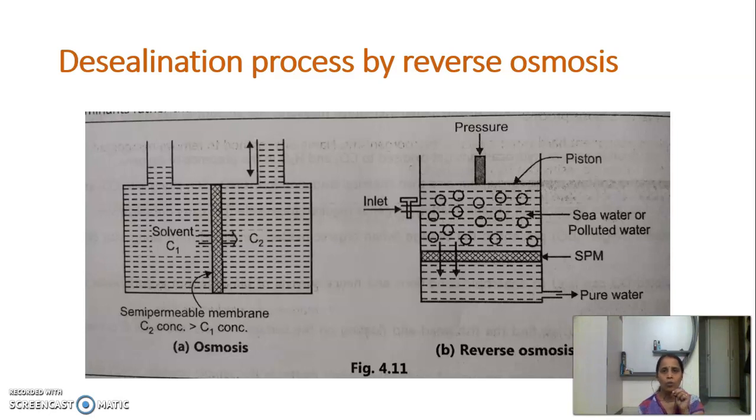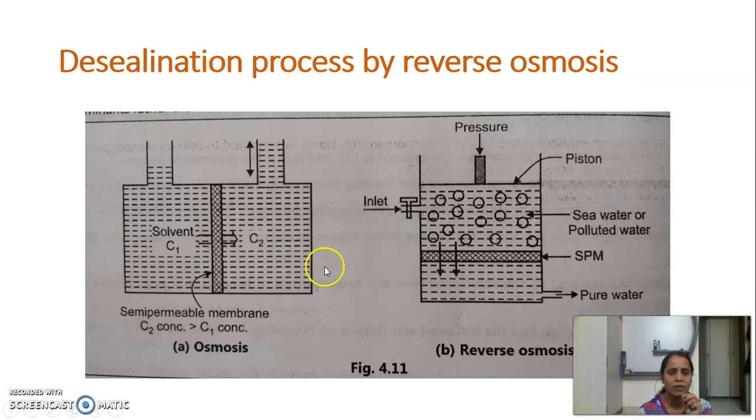In short, RO. We have RO at our home for drinking water. That is, whatever water we drink is RO water. So what is RO? Before RO, we will focus on osmosis. That is, first we will discuss osmosis and later on reverse osmosis.